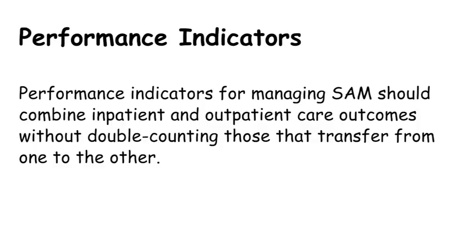So we see that performance indicators for managing severe acute malnutrition should combine inpatient and outpatient care outcomes without double counting those that transfer from one to another.